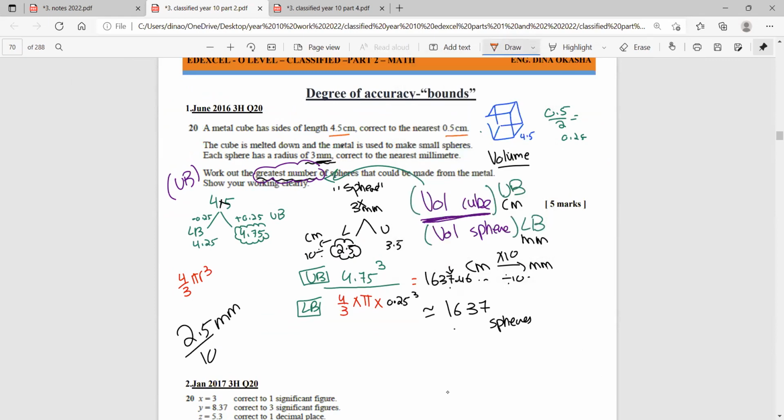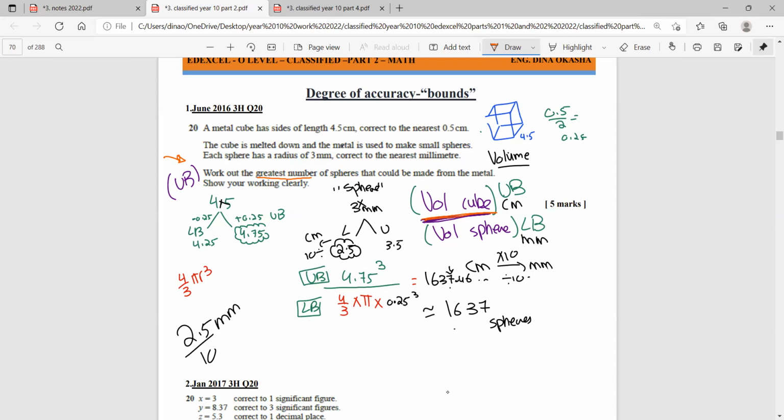These are same units, so I found the bounds immediately, for the sphere and for the cube. Since the question says it's the greatest number, this is the upper bound of what operation? Division. Because if I divide the volume of the cube by the volume of the sphere, I should get the number of little spheres that I can make.